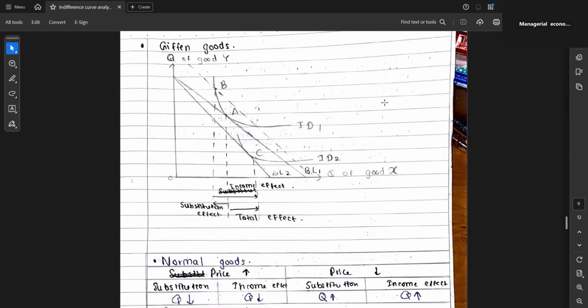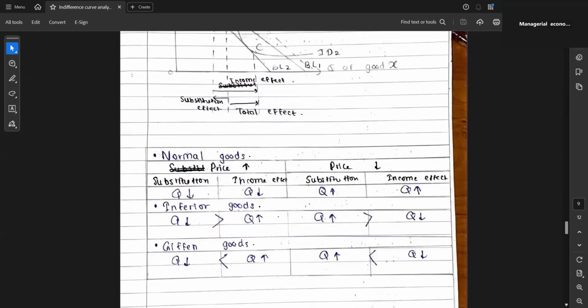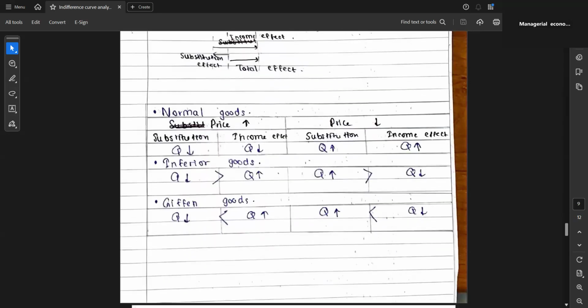As you can see, the gap between points A and B, that is the substitution effect, is lower compared to the gap between points B and C. That gap is higher. So the balance, the total effect, goes against the law of demand. The quantity has increased.